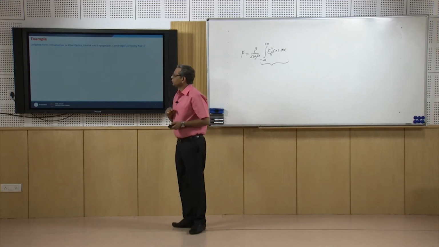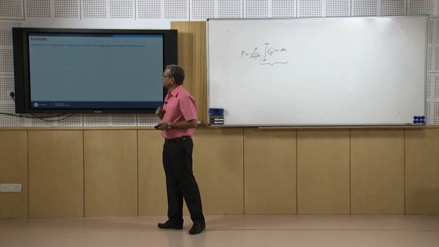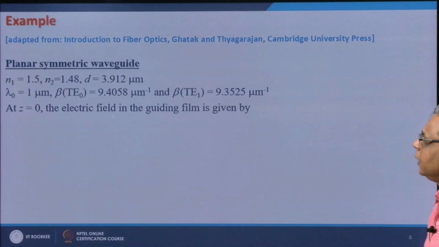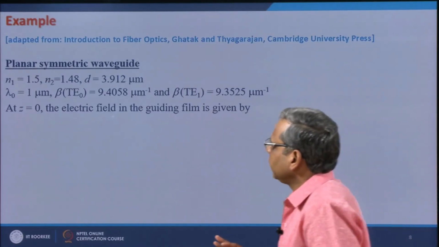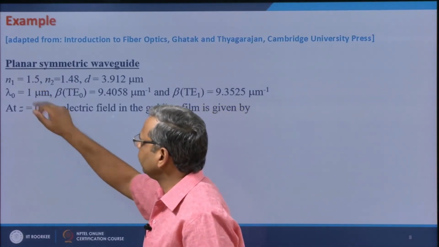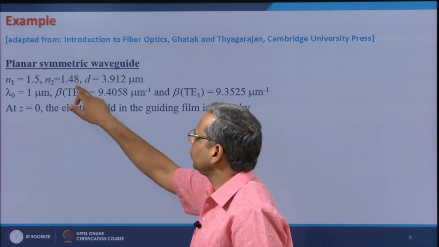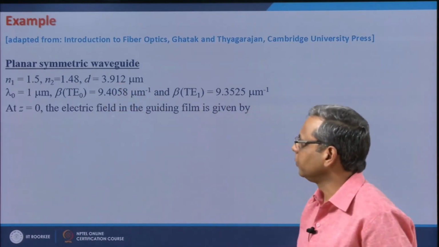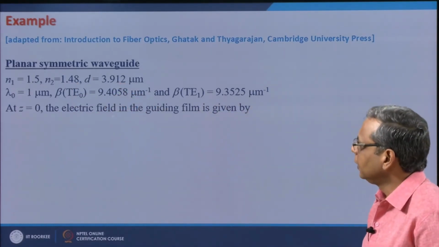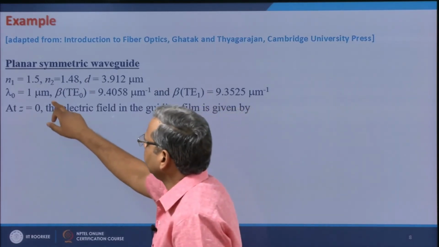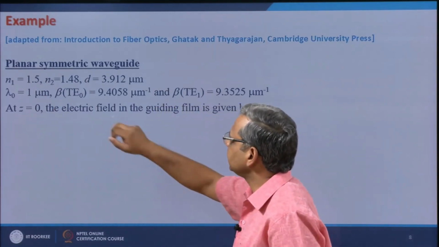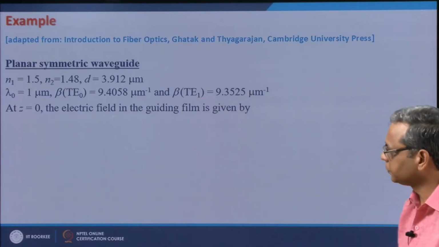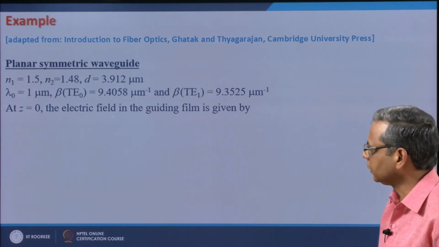Let us work out some examples. This is an example adapted from Introduction to Fiber Optics by Ghatak and Thyagarajan, where I have a planar symmetric waveguide with N1 equal to 1.5, N2 equal to 1.48 and d equal to 3.912 micrometer. At lambda naught equal to 1 micrometer, beta for the TE0 mode is this and beta for the TE1 mode is this. It supports two modes at 1 micrometer wavelength.